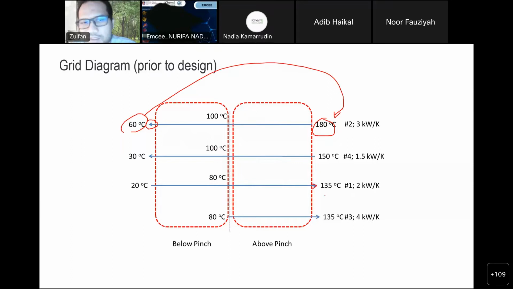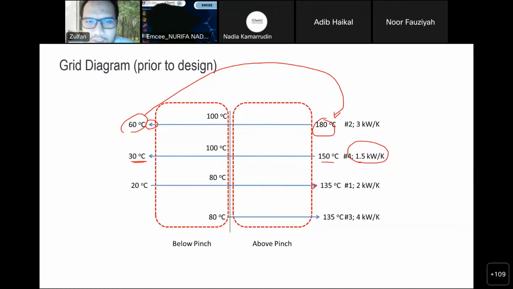And then we typically put the supply temperature and the required temperature, and also the MCP value, the heat flow rate value. And then we put the pinch point, that 90 degrees C pinch point.